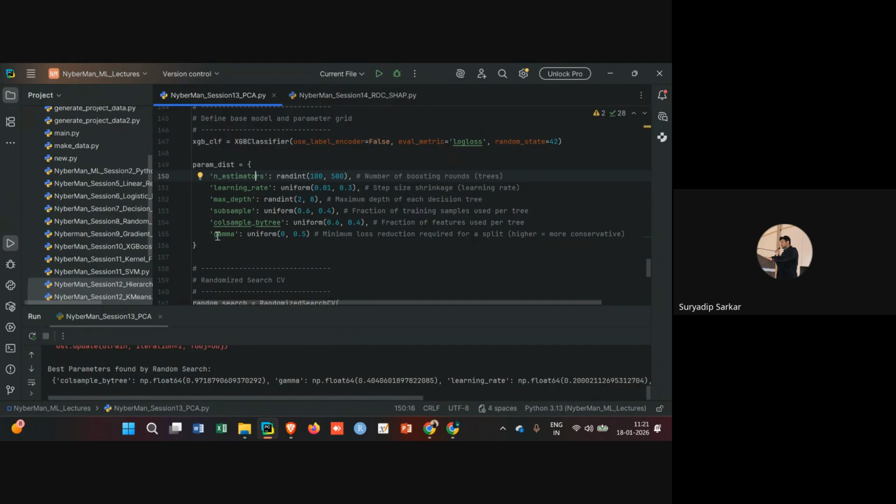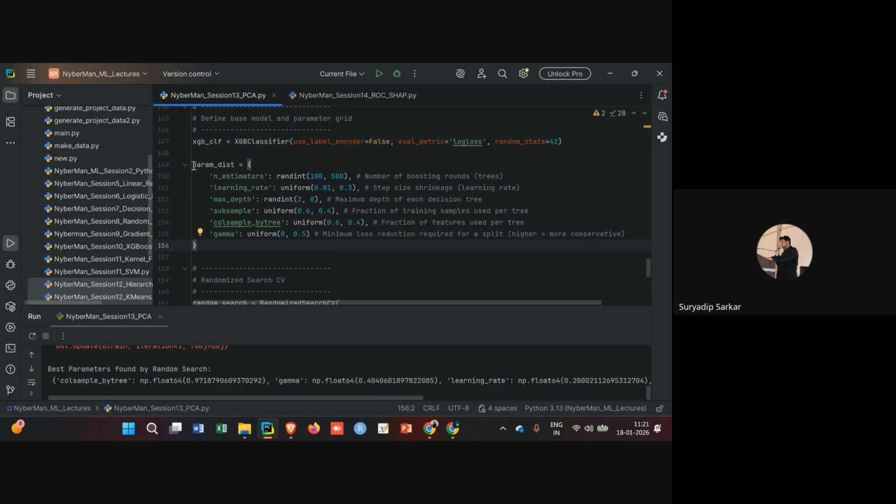Gamma, if you remember in XGBoost, was used as the minimum loss required for the pruning parameter. We are using anything between 0 and 0.5, but picking from a uniform distribution because I want to make sure that the probability of picking every single value is the same.